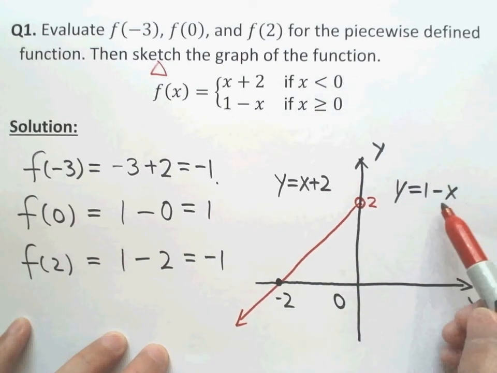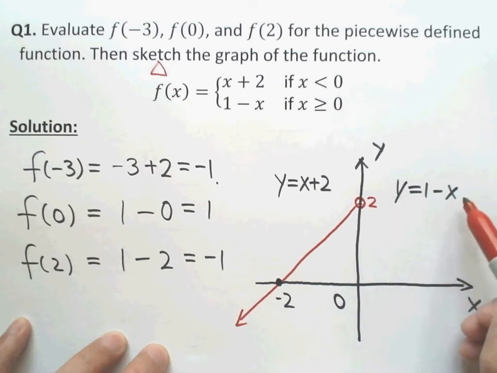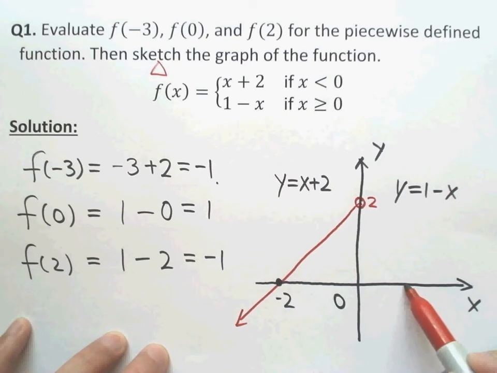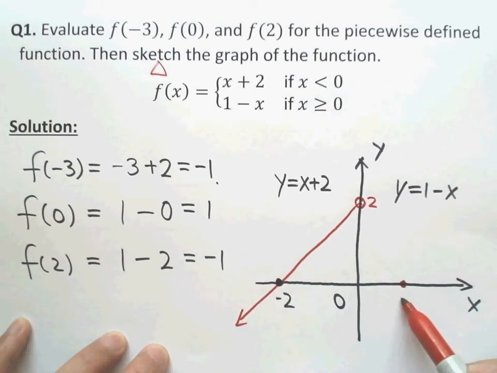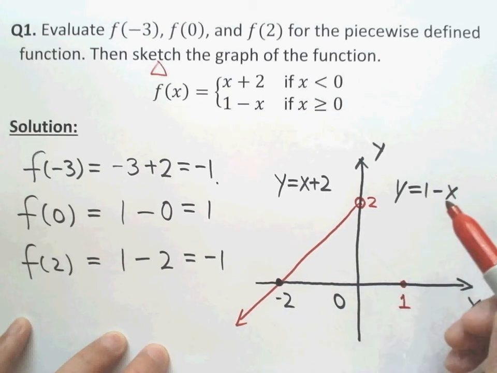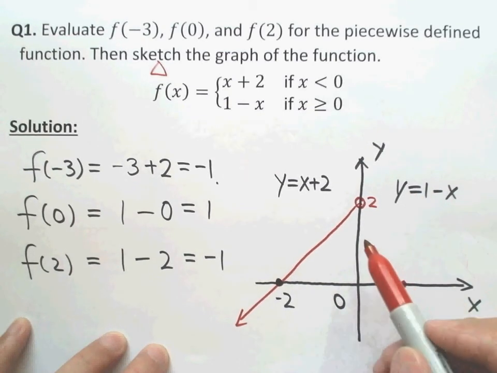Let's find the x-intercept. Set y equals 0, solve the equation, and get x equals 1. This point is included. For the y-intercept, set x equals 0, and y equals 1.